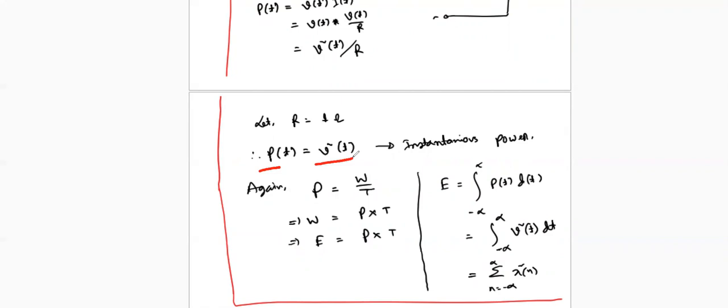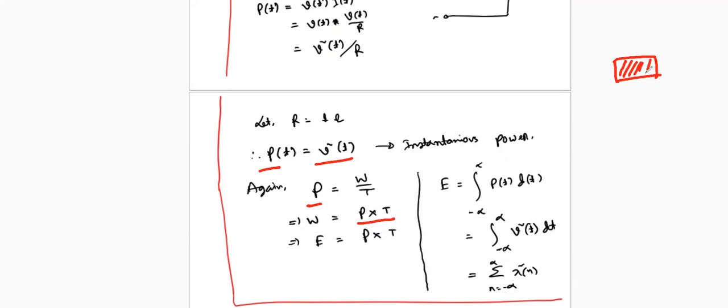From the concept of power with work, we know that P is equal to W by T. So work done over a period of time is our power, where work done is equal to P multiplied by time.